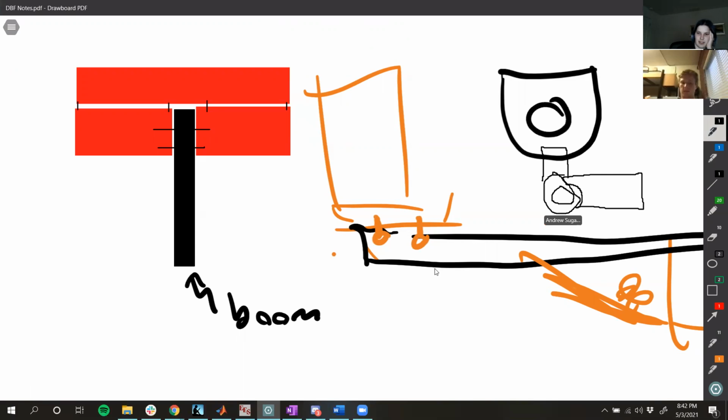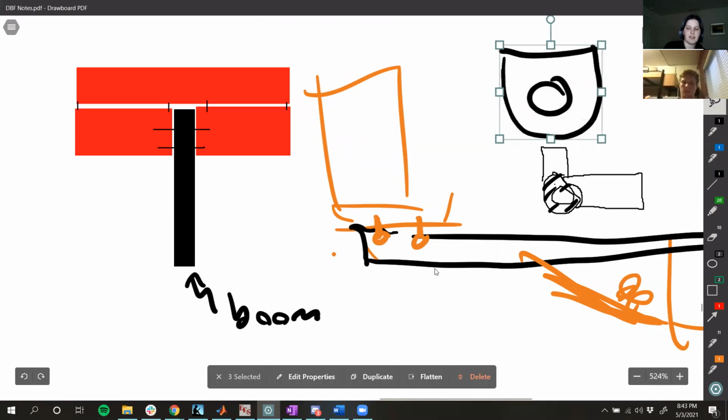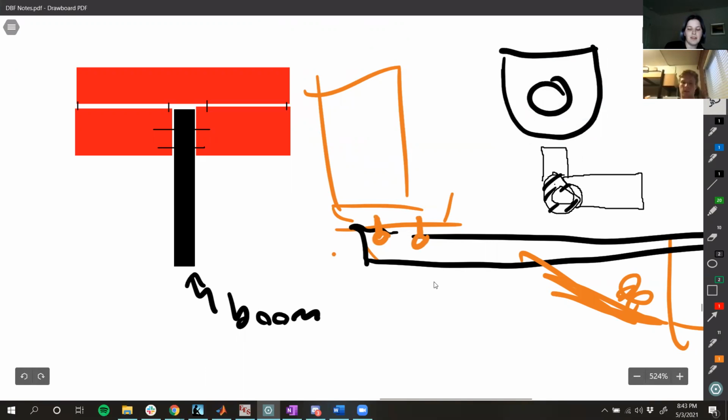This is a cross section of the boom, because your boom is probably hollow. Right. Oh, okay. Sorry if that made it more confusing, but that's why I said that. But yeah, okay. I think we're thinking similar things. Is this looking towards the side of the elevator or the horizontal?